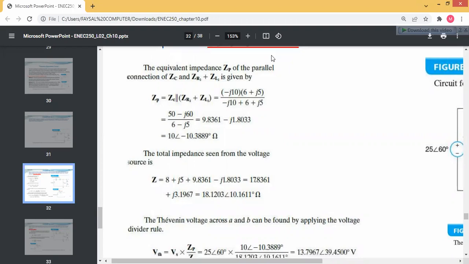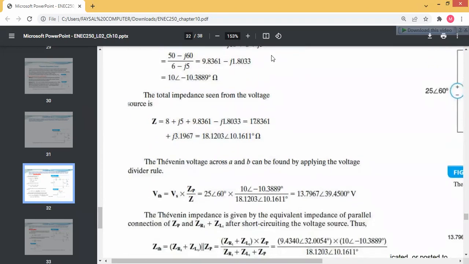Now after this I have to find the value of Z. Z is 8 plus j5 plus 9.8361 minus j1.8033. From this we have to find the value of Z.